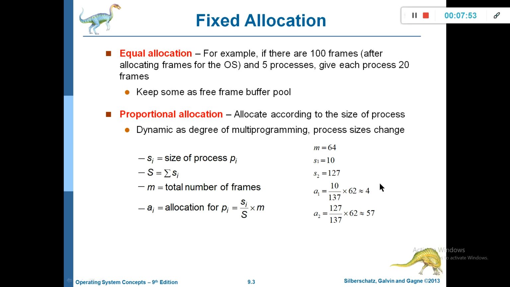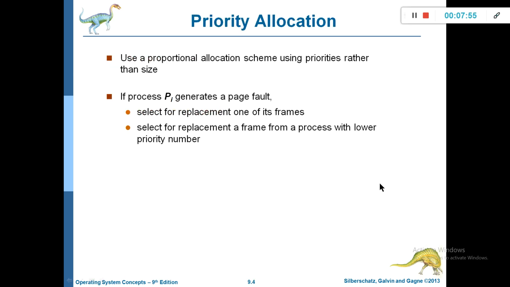We'll go to another method used to allocate frames, called priority allocation. Use the proportional allocation scheme using priorities rather than sizes. So instead of size, we go with the priority of the processes. If process Pi generates a page fault, we select for replacement one of its frames. Which frame are you going to select?